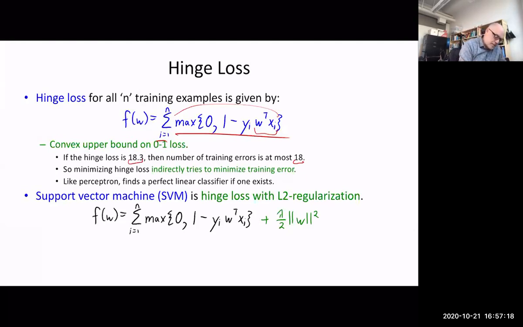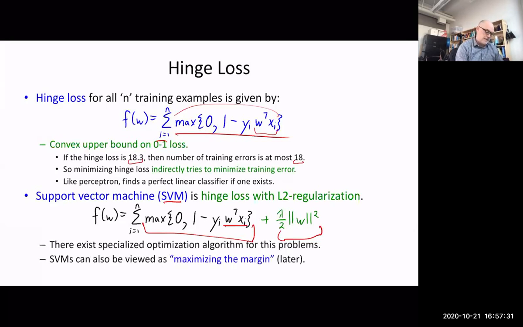Here, we just say that a support vector machine is a linear model for classification that uses the hinge loss that we just described, plus L2 parameter weight regularization. Learning or estimating a W for this support vector machine is not super straightforward.